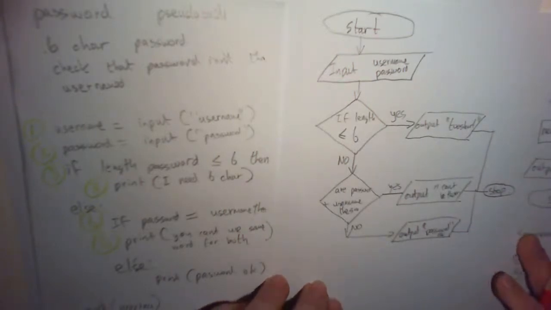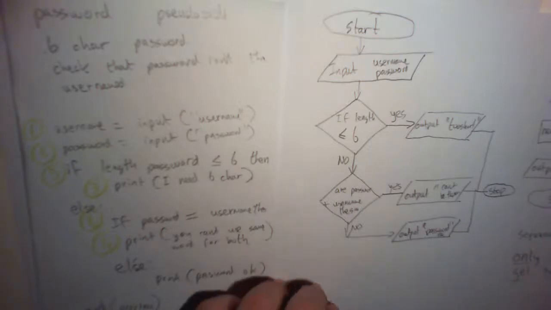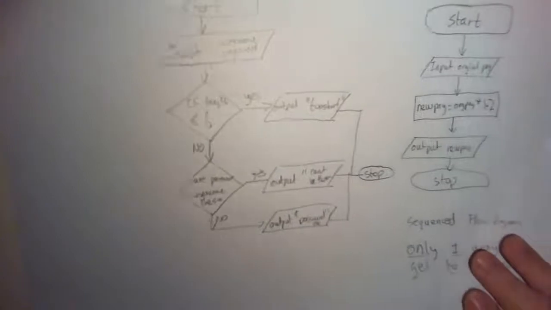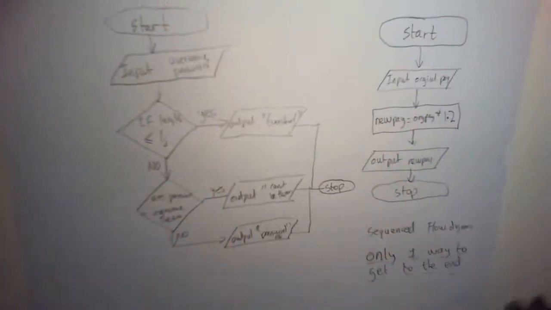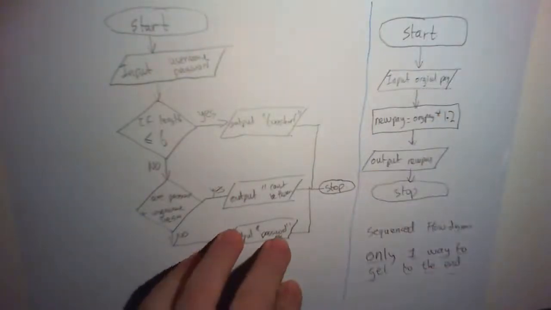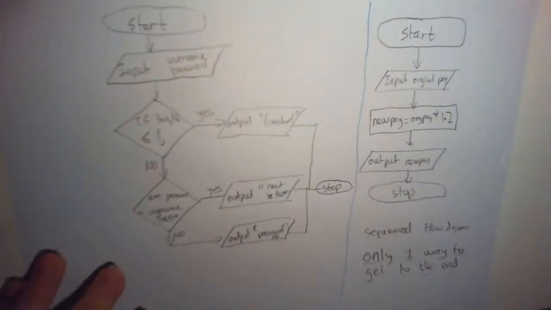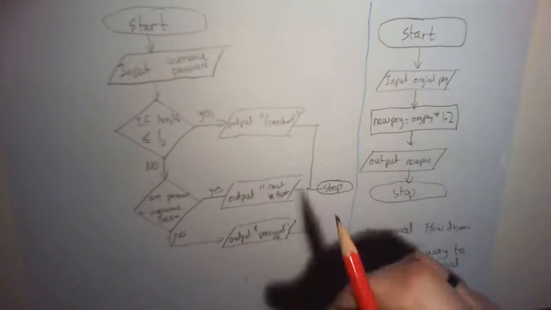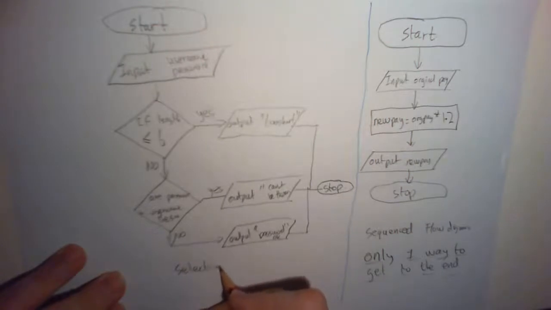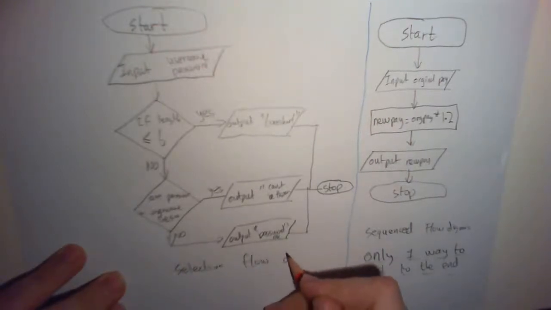Wow. So let us now have a look at both of them. So this is my sequenced one. This one is called a selection flow diagram.